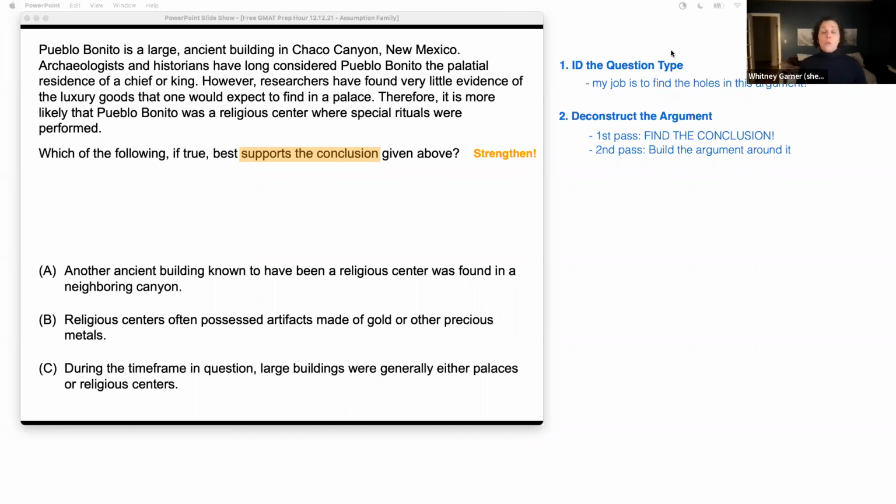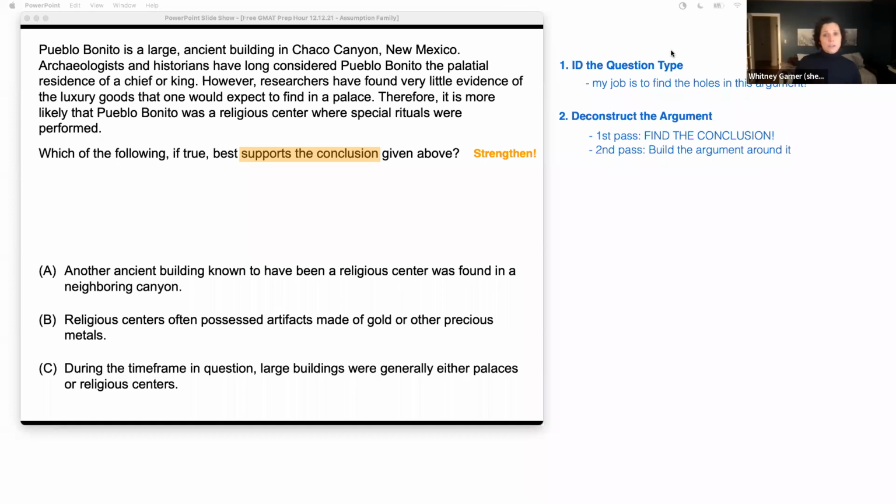However. When we hear the words however or but, I don't want to think negative or positive. I just want to think we're changing direction. You just told me, author, that archaeologists and historians have been under the conception that this was a palace for God knows how long. However, meaning something has changed.